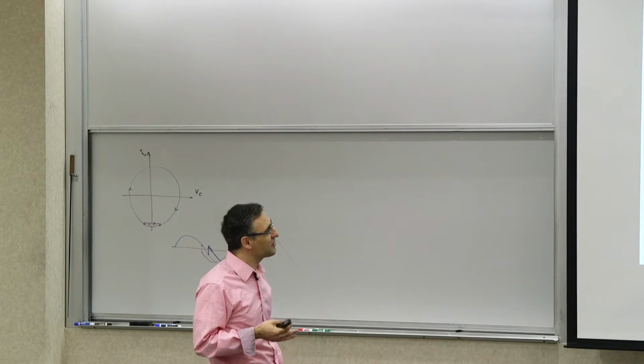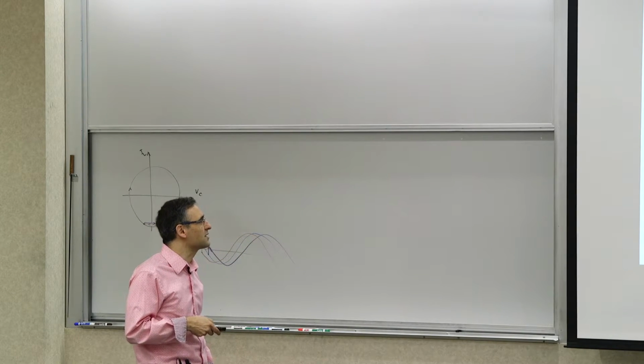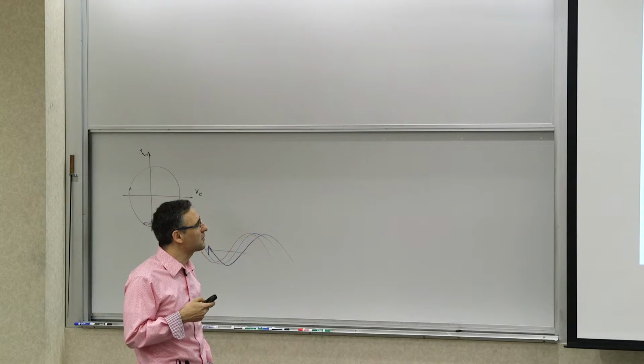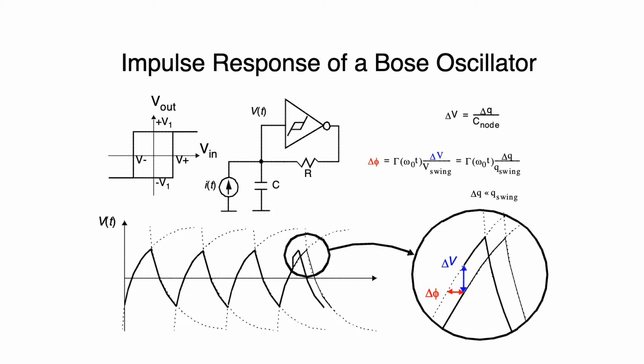Now, it is not the derivative of the waveform for the following reason. If you look back, for example, at the Bose oscillator, and think about what would happen if the slope increased. If the slope was higher, for the same delta V, would we get a larger or smaller amount of delta phi? Smaller.